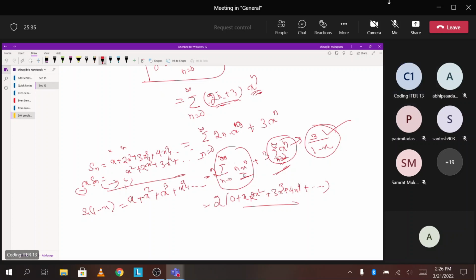Now you know the summation formula of this one. If you take x as common, it will be 1 plus x plus x square plus x cube, that is 1 by 1 minus x. So x by 1 minus x.